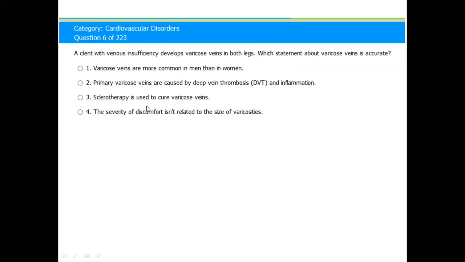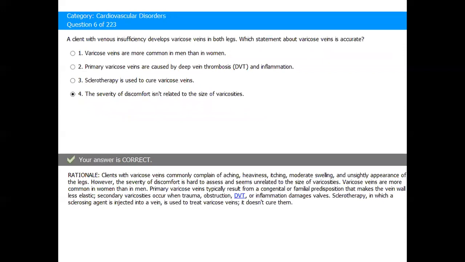Or sclerotherapy is used to cure varicose veins, and also the severity of discomfort is not related to the size of varicosity. So the answer: the severity of discomfort is not related to the size of varicosity or tortuosity. It is the accurate answer.